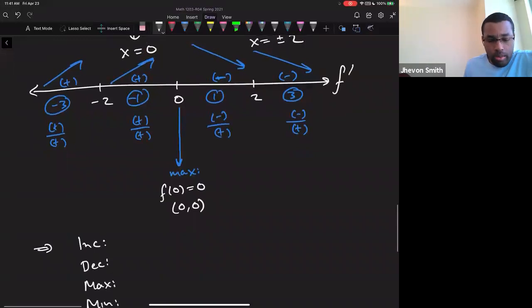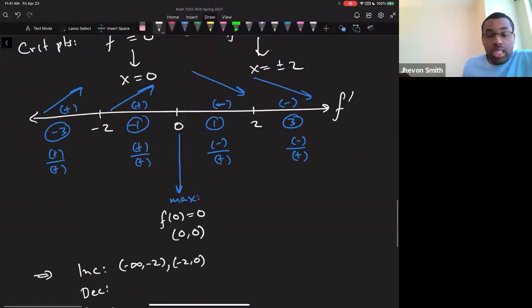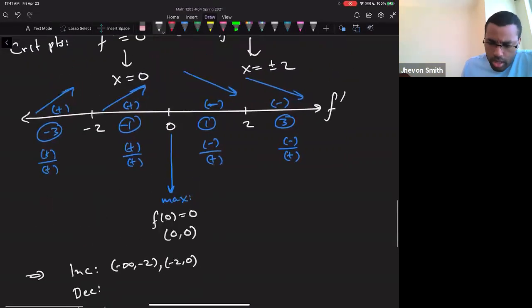Notice that we're increasing from negative infinity to negative 2 and then negative 2 to 0. We're decreasing from 0 to 2 and 2 to infinity.